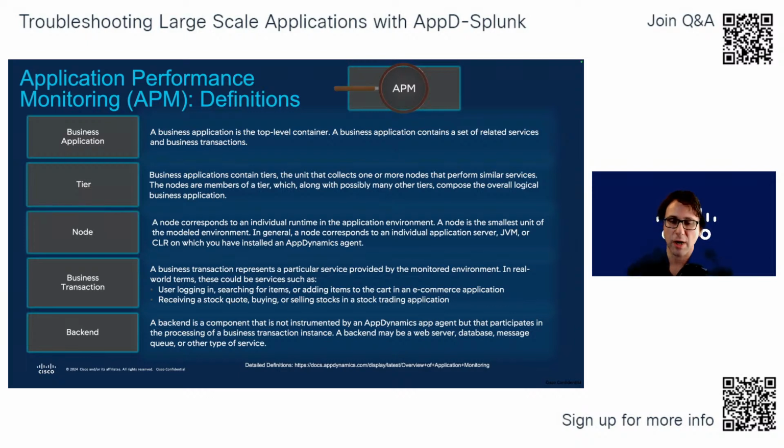And then what's traveling through all of that is a business transaction. These are the most critical transactions going through your application, like login, checkout, or add to cart, which your business relies on to work effectively, or you will see a dip in revenue. If a customer doesn't like the website, they won't buy on your platform.